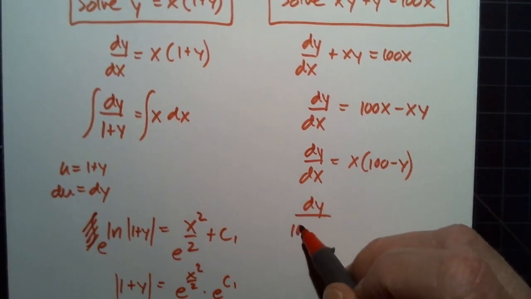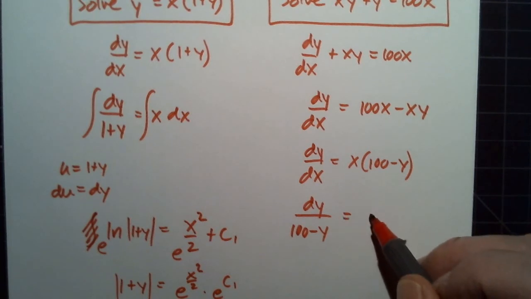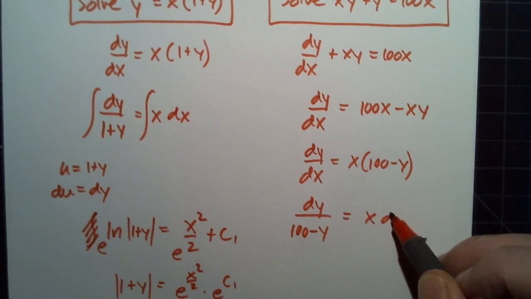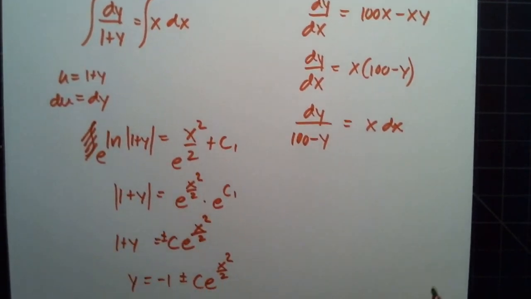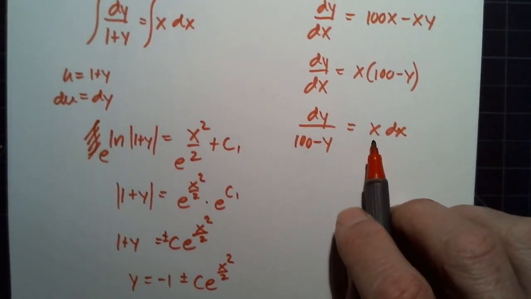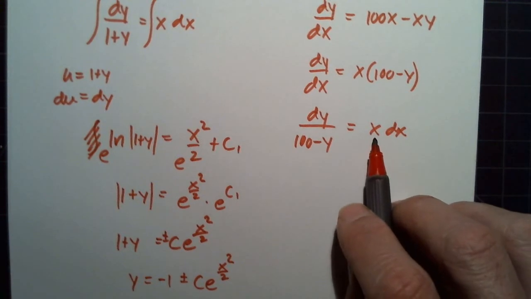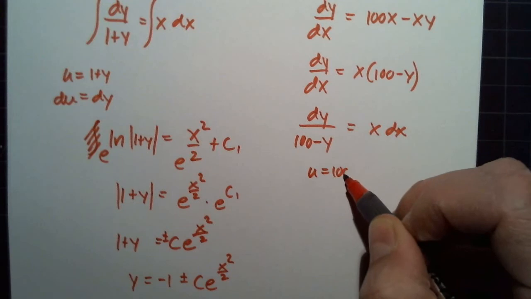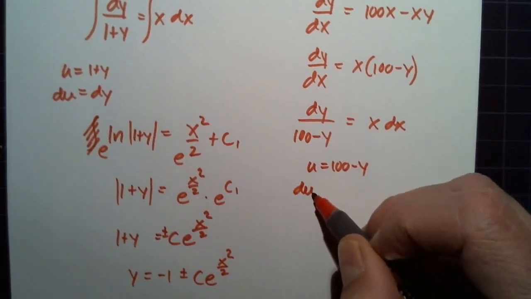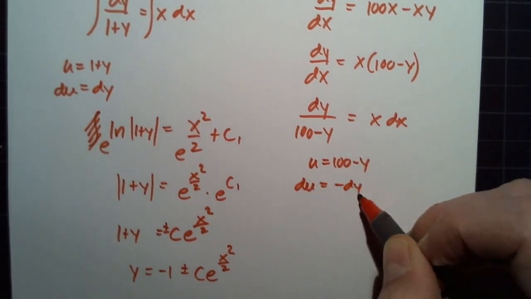dy over 100 minus y, and then we have x dx. So we know the antiderivative of that. Here, if we did u equals 100 minus y, we have du equals negative dy.